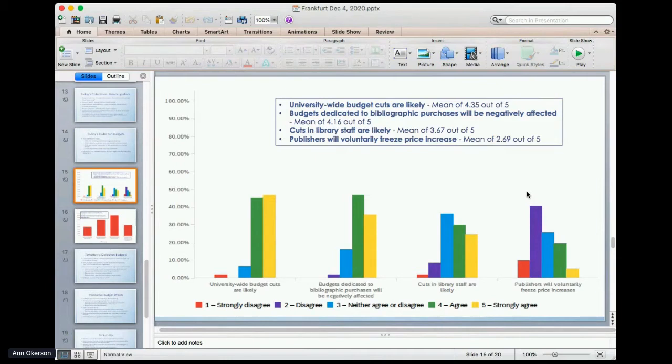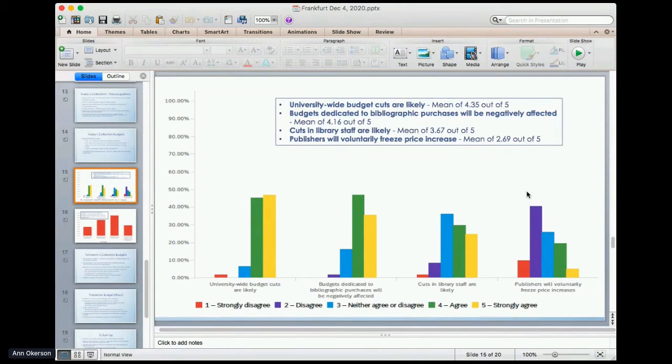So in the first four questions, we said, are university-wide budget cuts likely? And the mean answer, the average answer, was 4.35 out of 5, yes. Budgets dedicated to bibliographic purchases will be negatively affected. The mean answer was 4.16 out of 5, so very high.